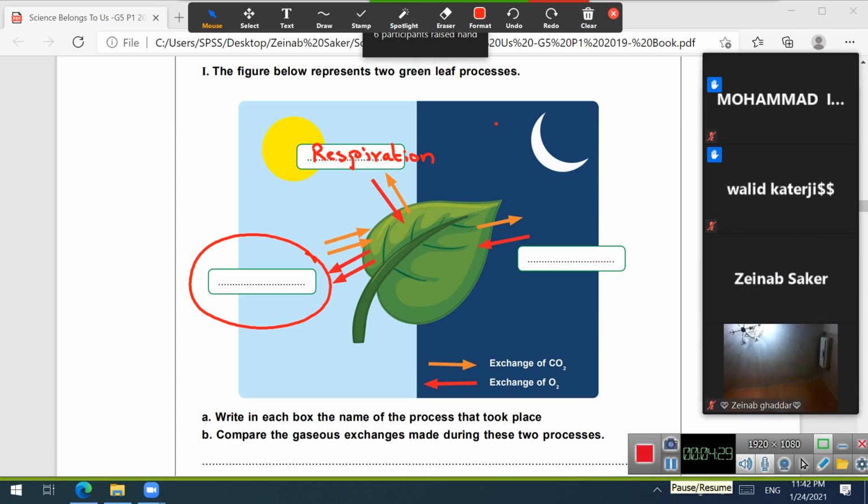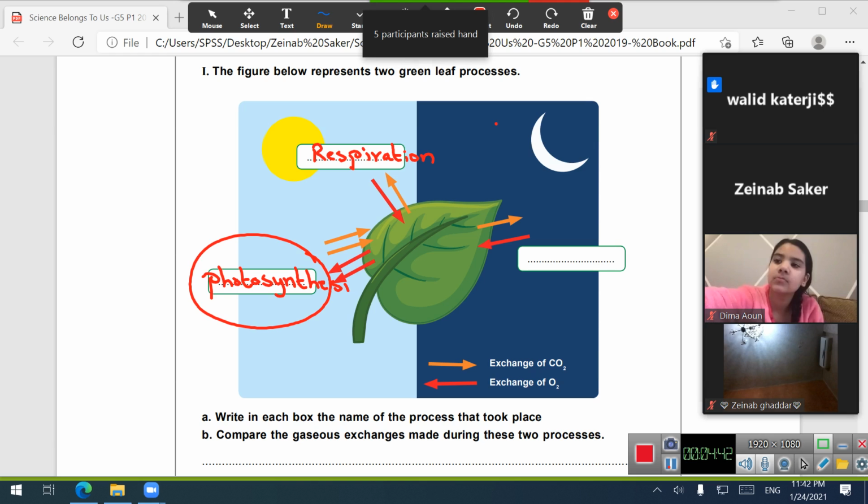Photosynthesis. Excellent. Thanks. Mute yourself again, please. So, photosynthesis takes place during this part of the day because oxygen is released and carbon dioxide is absorbed.